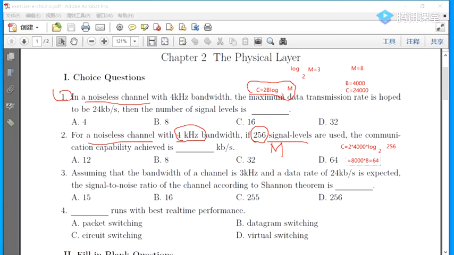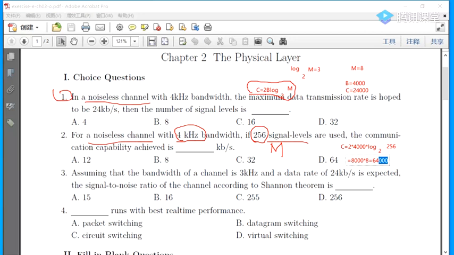So 8 times 8,000 is 64,000. So the communication capacity achieved is 64 kilo bps. So for a noiseless channel, we should remember this equation.